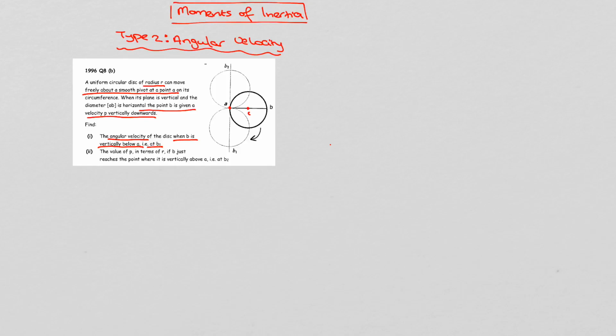And therefore, if we place our pen at C and our pen at A, we will notice that these are parallel to each other, and therefore we're going to have to use the parallel axis theorem. In other words, the moment of inertia of the disk through the point A is the moment of inertia through the point C plus md squared.